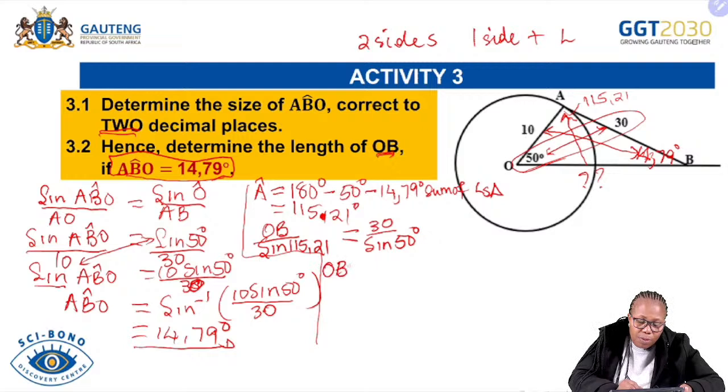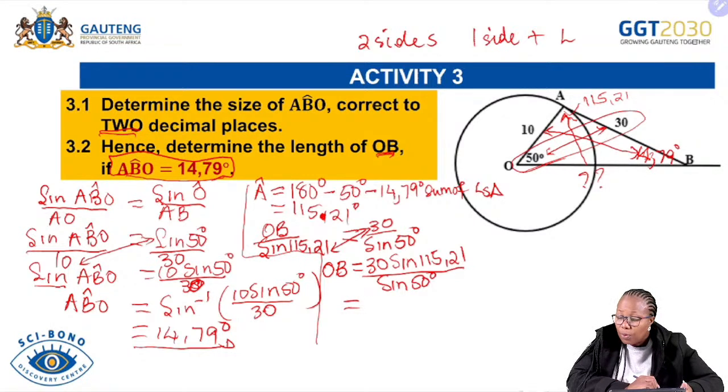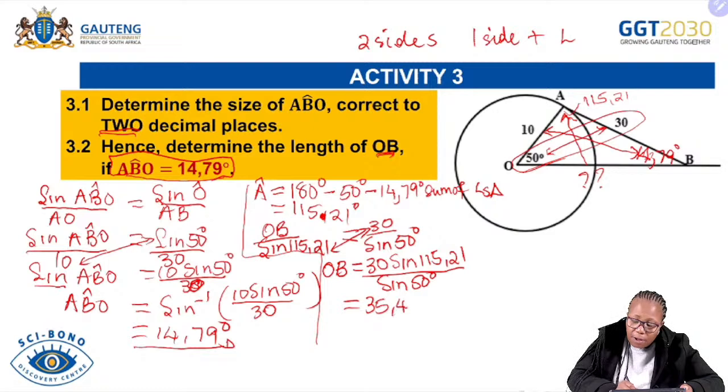So OB will be equal to cross multiply this to 30. That will be 30 sine of 115,21 over the sine of 50 degrees, grade 12. So put this into your calculator straight to the answer. We end up with the answer 35,43 units because we are talking the distance.